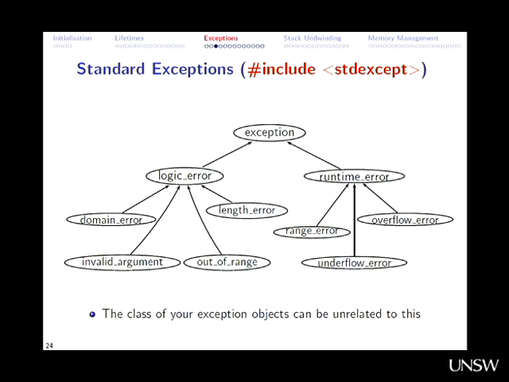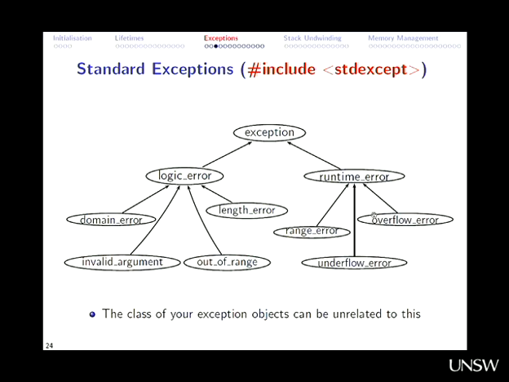A logic error might be something like being out of range. So in the case of assignment 2, you might want to throw an out of range exception. By the way, don't do this. Again, you don't need to for assignment 2, but if you wanted to, you could throw an out of range exception. That's a logic error. I've asked you to do something that doesn't logically make sense. Okay?